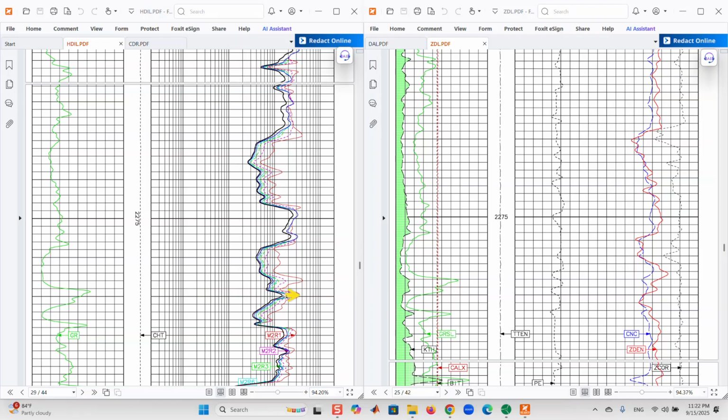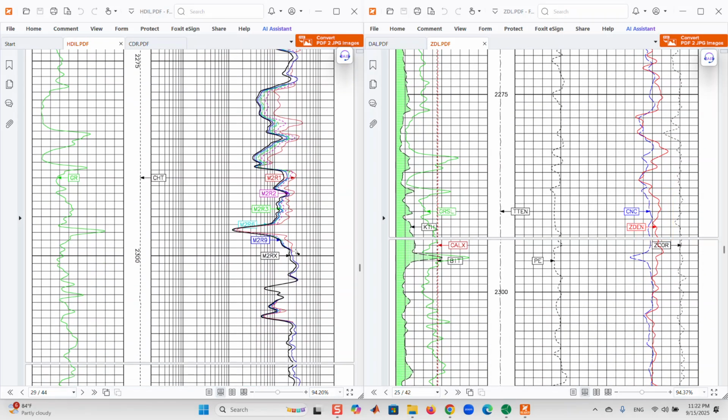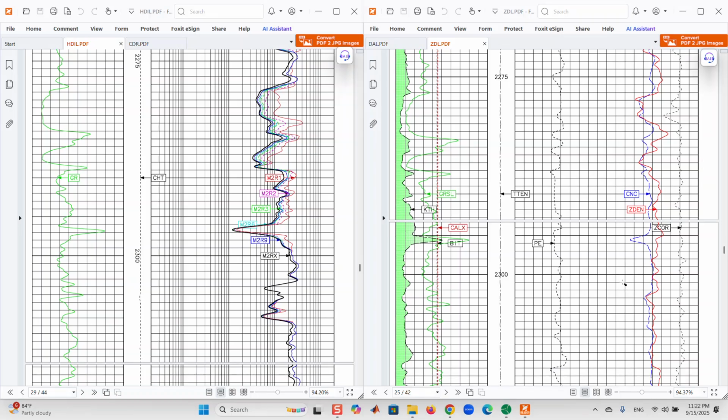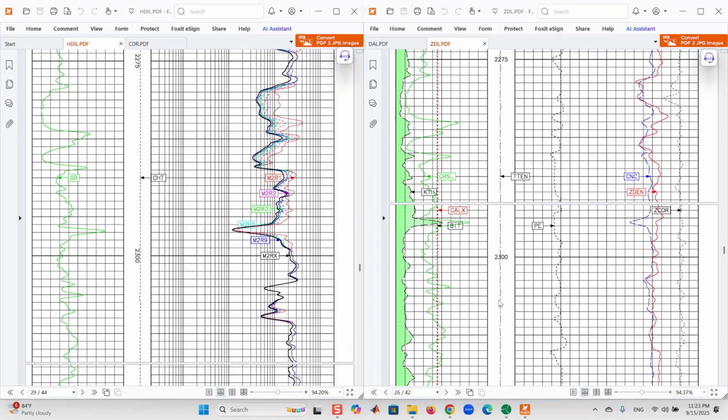This peak is in correspondence with this peak, and this with this peak. These two peaks are also in correspondence with this interval. This valley is in correspondence with this valley and this peak of neutron.